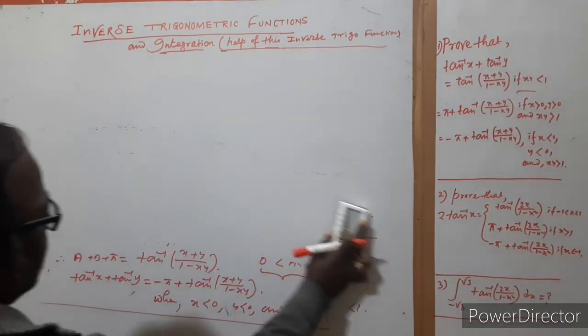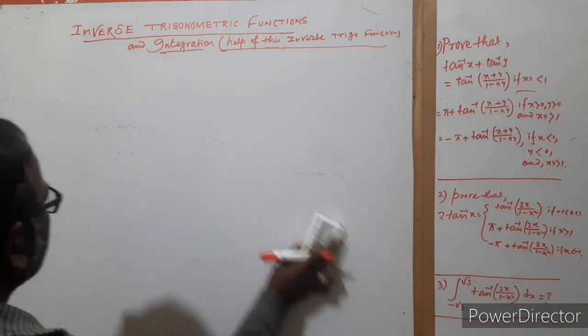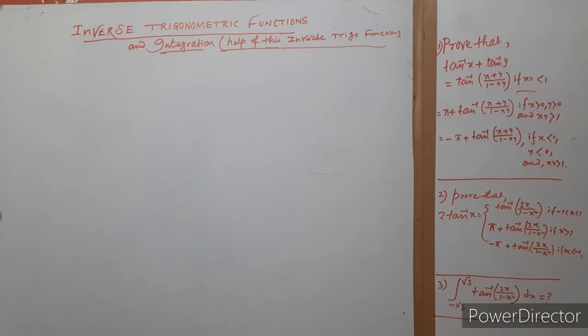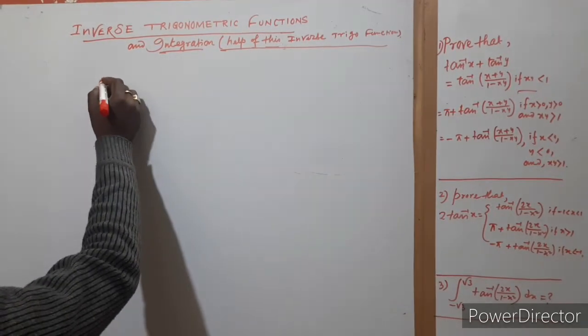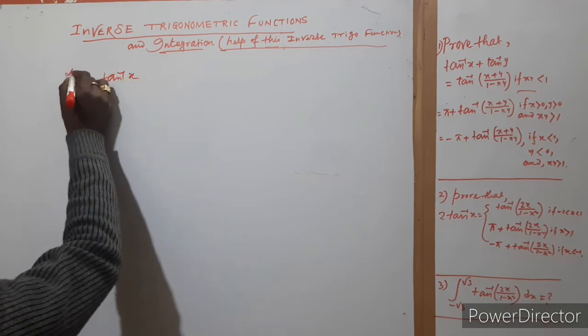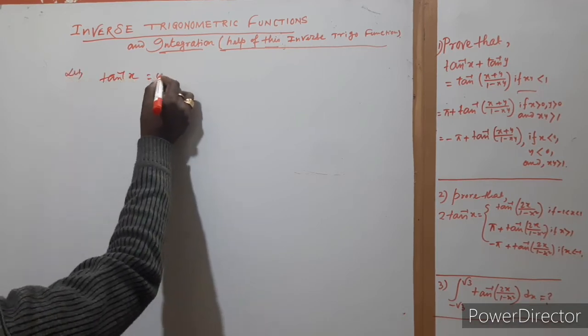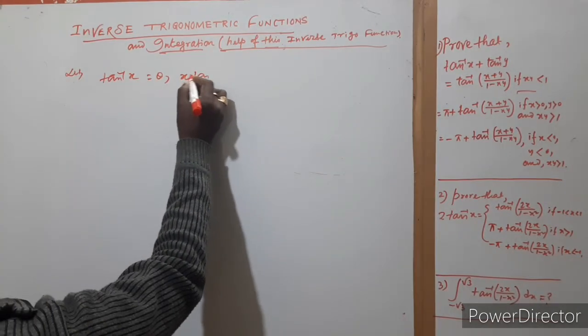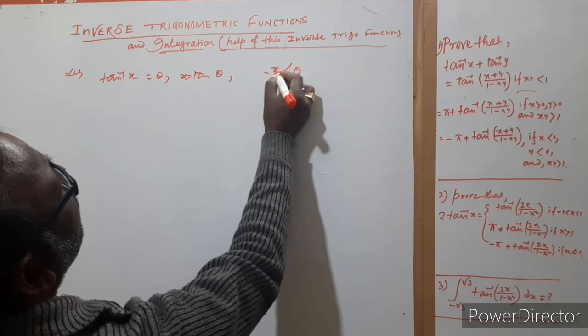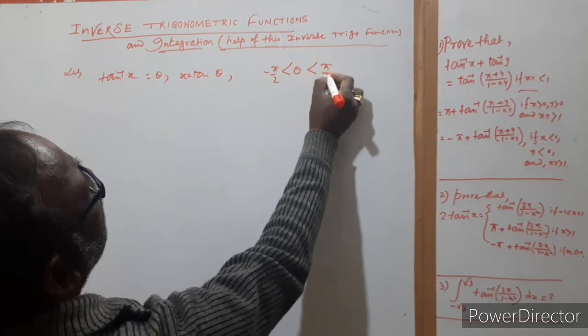And now for the second one. Again I repeat, let tan inverse x be theta, so x is equal to tan theta, therefore theta lies between minus pi by 2 and pi by 2.